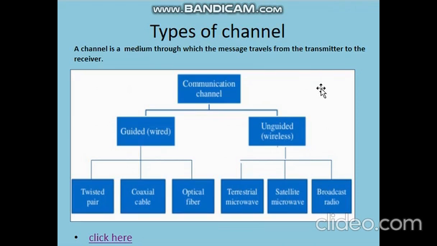In the case of unguided or wireless channels, the transmitting antenna radiates a modulated signal in the form of electromagnetic waves into free space, and these waves radiate in all directions or in some specific directions.